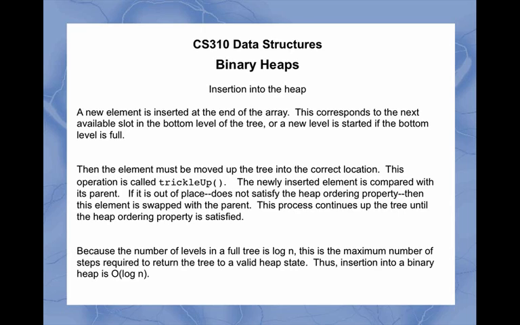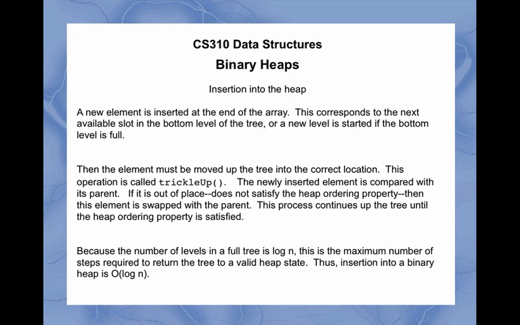We compare this element with its parent, and if it doesn't satisfy the heap ordering property, then we swap it. This process continues up the tree until the heap ordering property is satisfied. Because the number of levels in a full tree is exactly log n, the maximum number of steps required to get the tree back in a valid heap state is big O of log n.